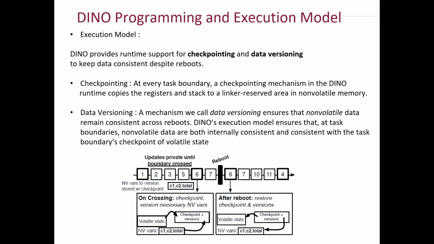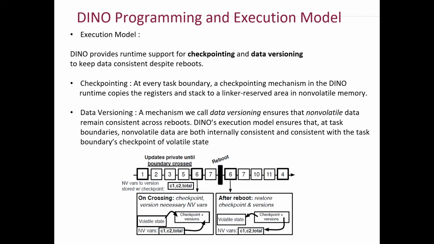So when the execution reaches a task boundary, then immediately before checkpointing, DINO makes a volatile copy of each non-volatile variable that is potentially inconsistent. That is, something that may be written non-idempotently after a task boundary executes and before another task boundary executes. So it's something that can possibly be corrupted during the whole checkpointing process, and that is something whose copy is made.